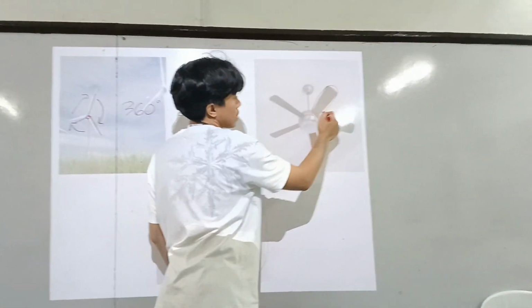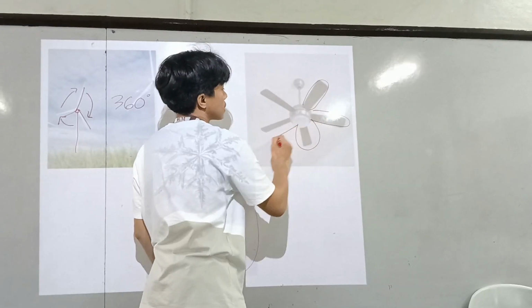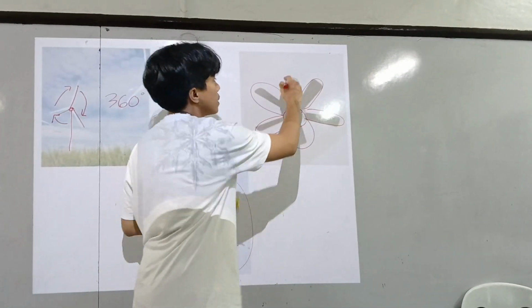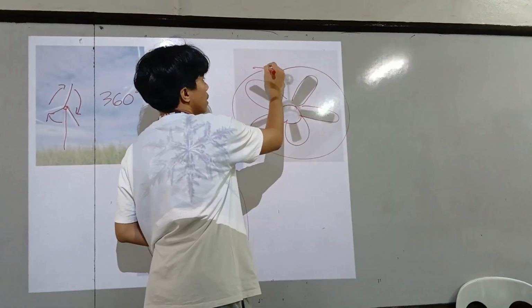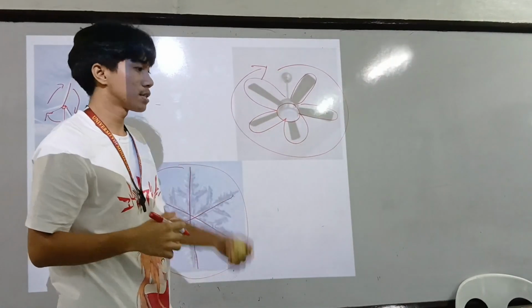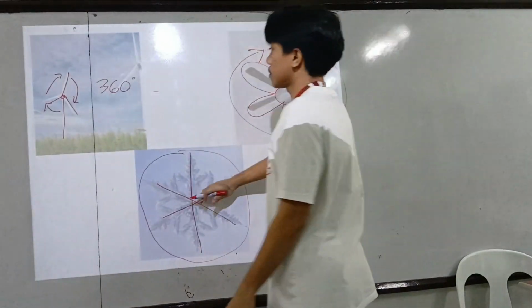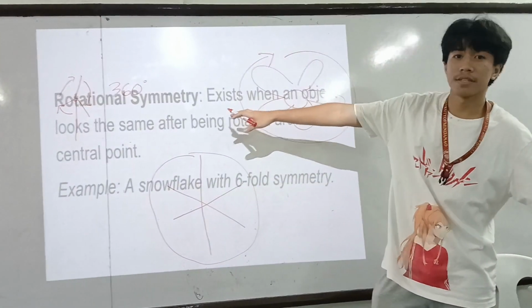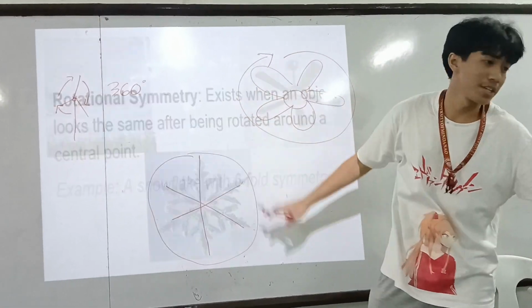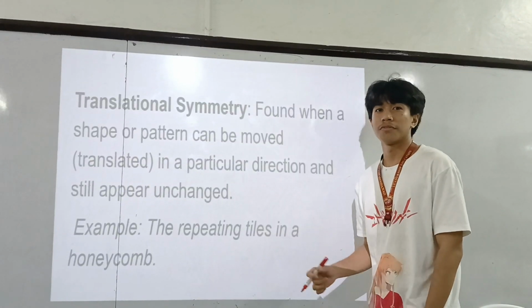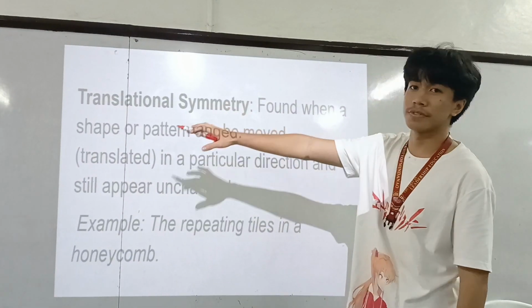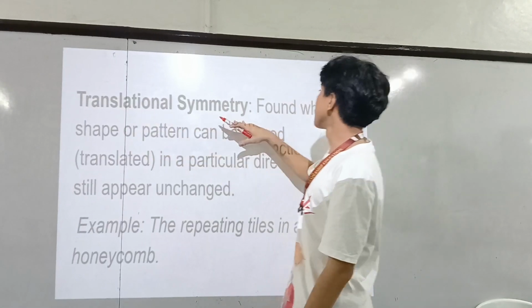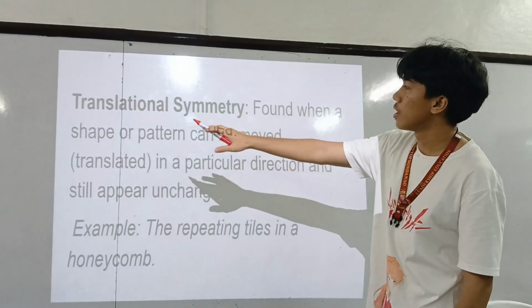When this pattern is rotated around, it will still look the same. So this one is called, again, rotational symmetry.